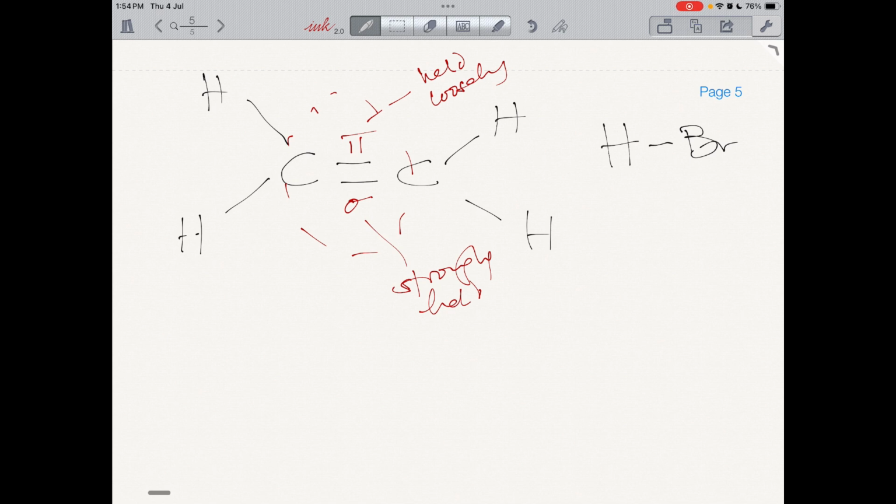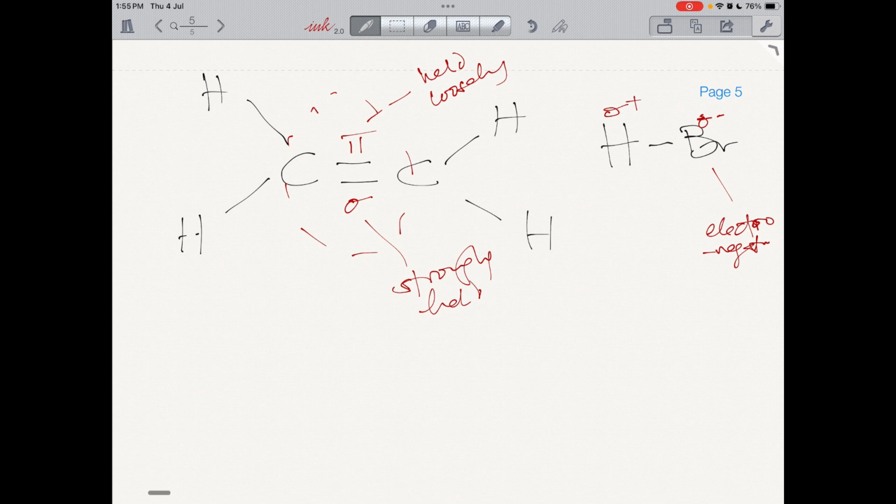Because it's electronegative, it is going to draw electrons more towards itself, and then the hydrogen is partially electropositive, because electrons are being drawn away from it.